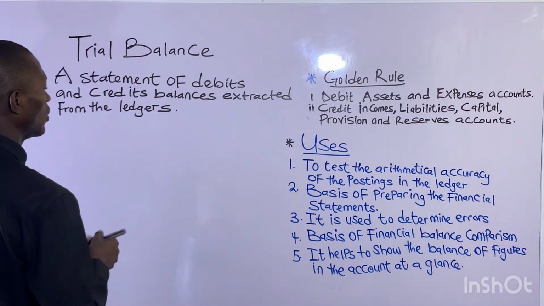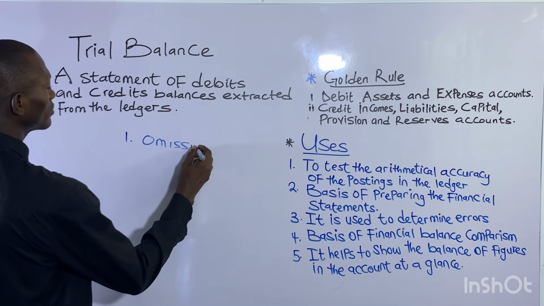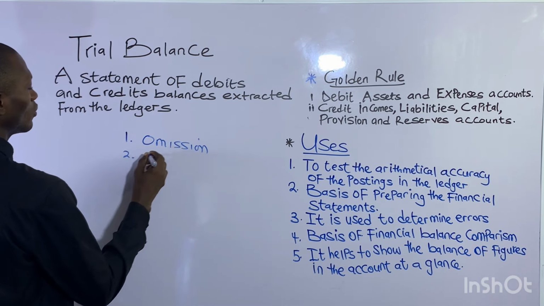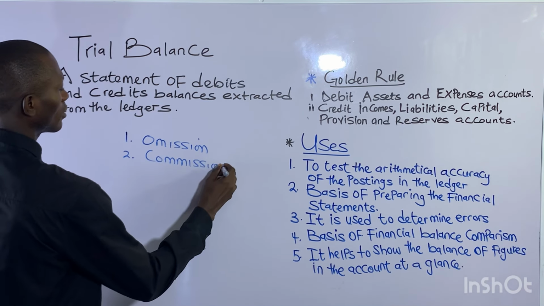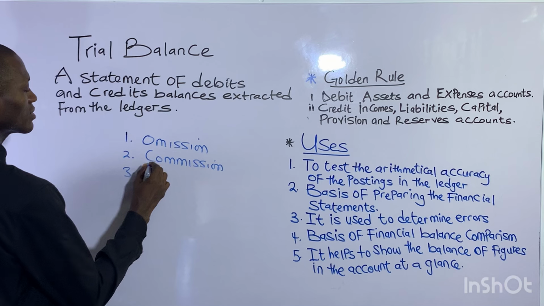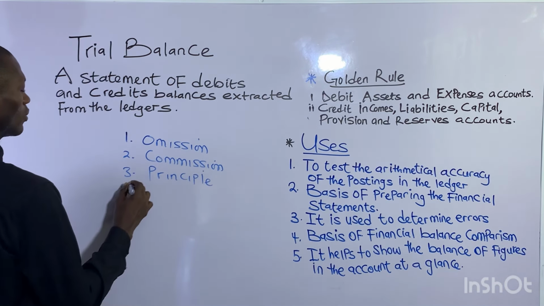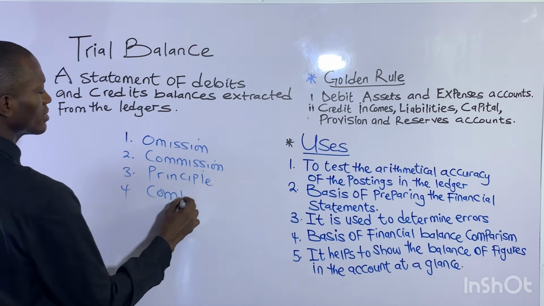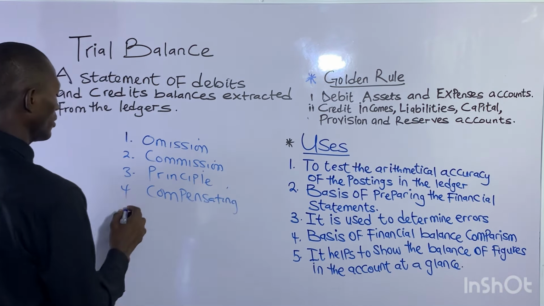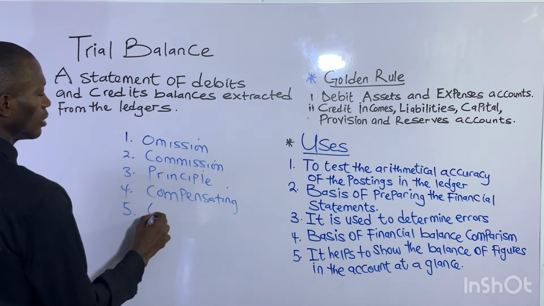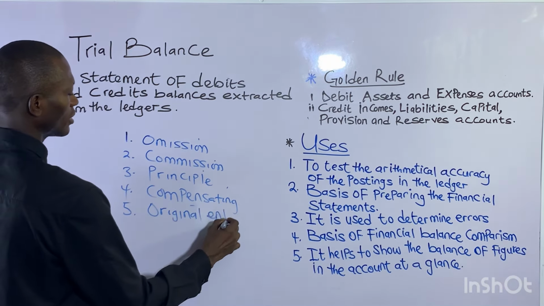So these errors: we have error of omission, error of commission, error of principle, compensating error, and number five, error of original entry.